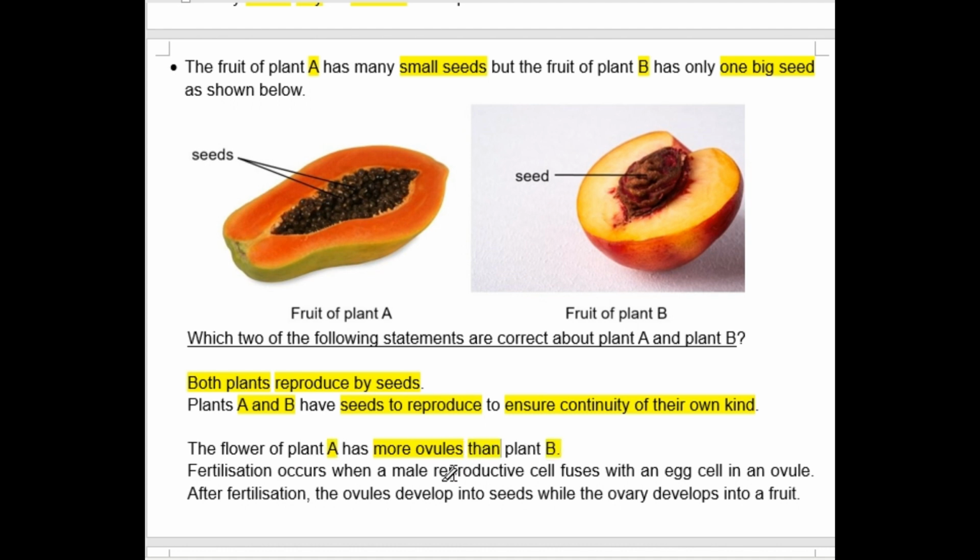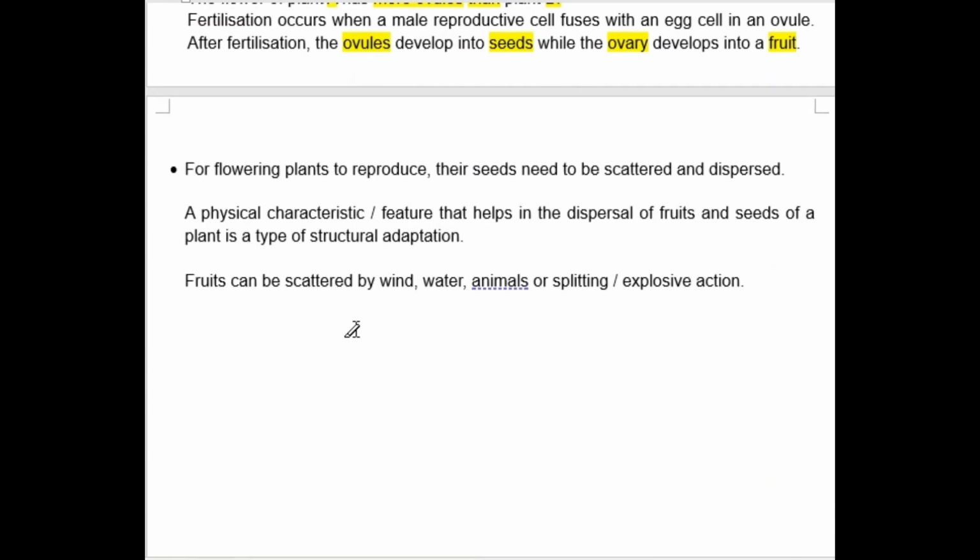Fertilization occurs when a male reproductive cell fuses with an egg cell in an ovule. After fertilization, the ovules develop into seeds, while the ovary develops into a fruit. For flowering plants to reproduce, their seeds need to be scattered and dispersed.